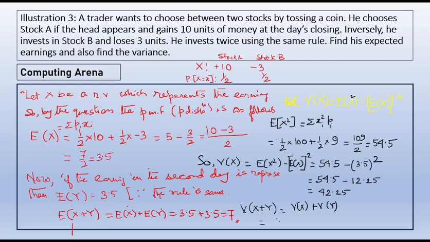So this is 42.25 plus, again, 42.25 for the second day, the same value, because the rule is the same. So we have 84.5. This is the corresponding variance. This way we solve this particular problem.